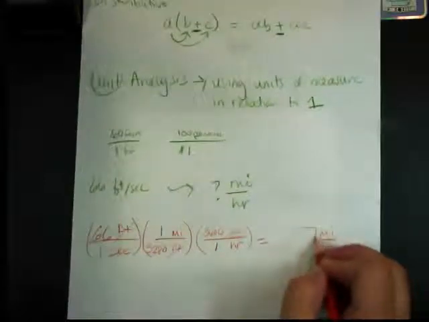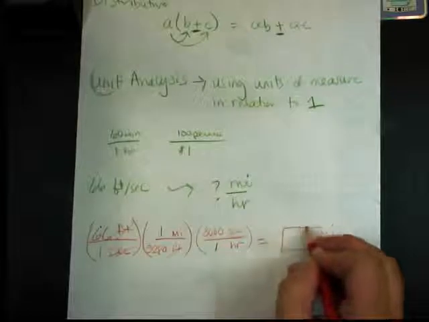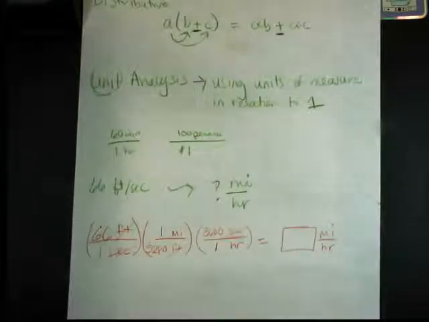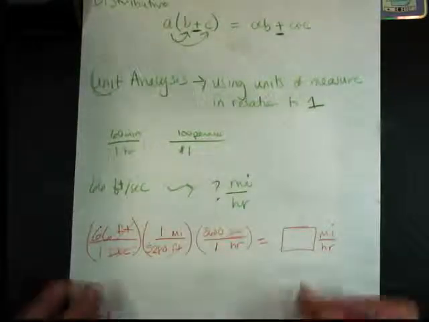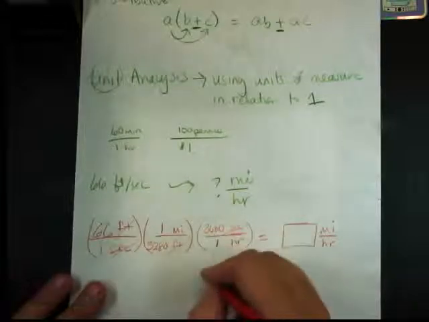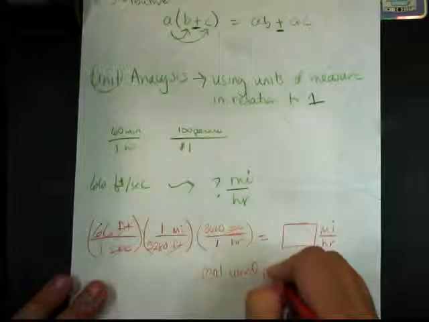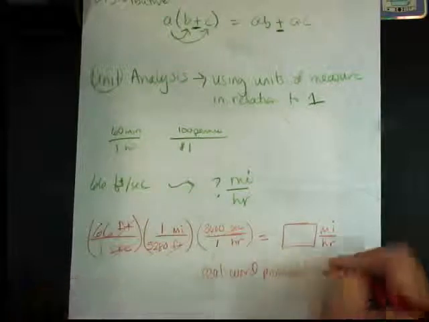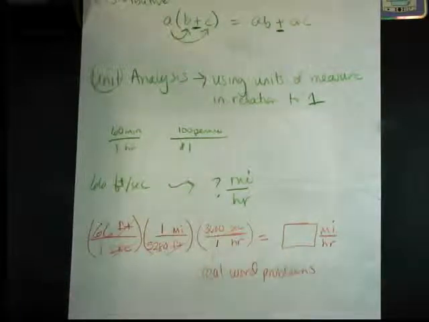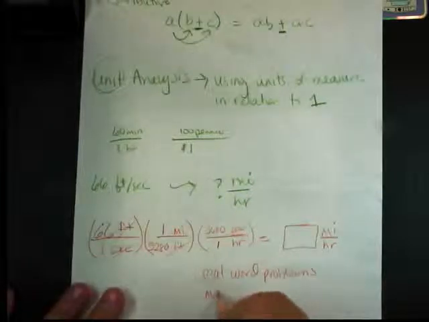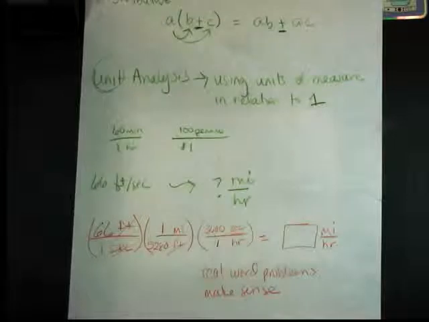And you always want to change that to a real number, meaning a decimal number. When we have real-world problems, and real-world problems are usually word problems, it has to make sense. You can't say that I went 24/7 mile per hour. That would not make sense.